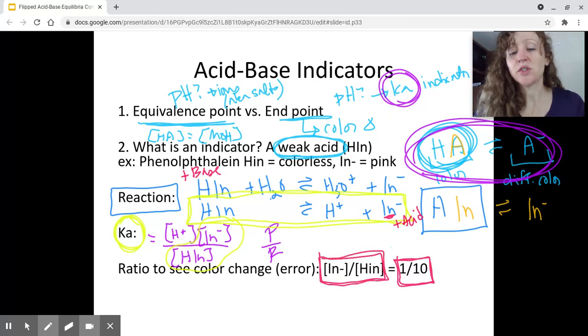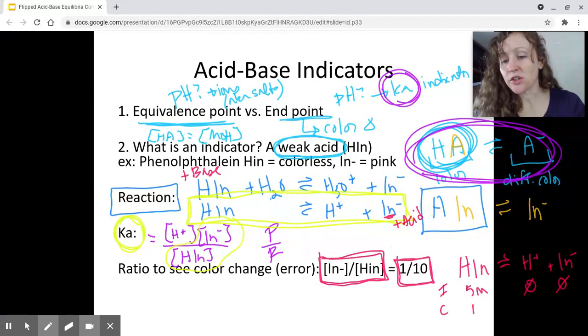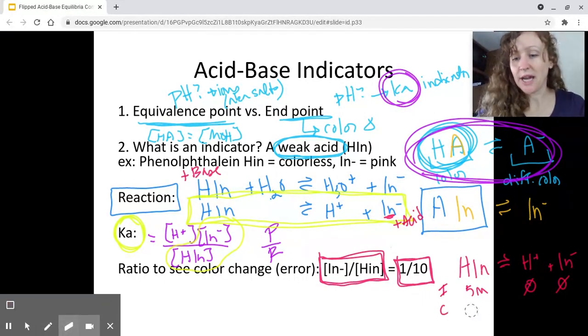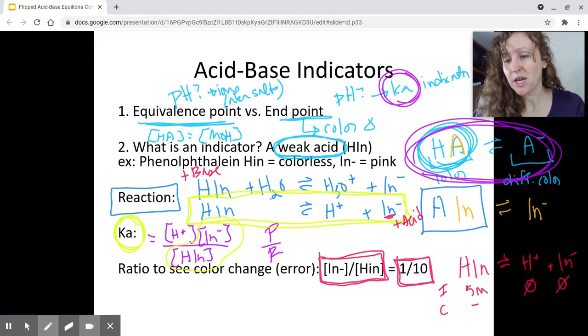So if you start with HIN, let's say 5 molar HIN and you have none of this stuff initially, you actually have to build up this change. You have to react the change on one side, we're going to lose our HIN molecule, and we have to build up the change on the other side before you can actually see a color change.